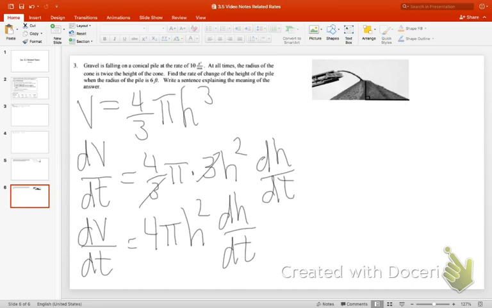Now remember, we are trying to solve for dh/dt, the rate of change of the height of the pile when the radius is 6.